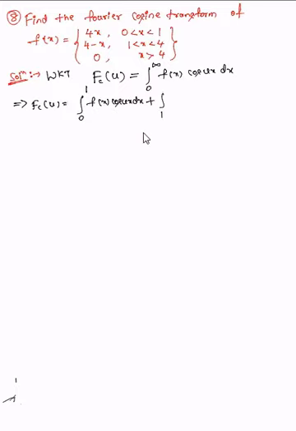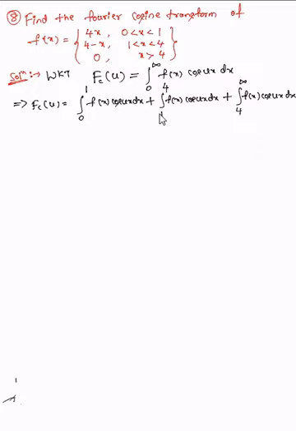Integral 1 to 4 f of x cos ux dx, plus next. So 4 to what? There is no upper bound here, infinity. 4 to infinity. So it is integral 4 to infinity f of x cos ux dx. The function was split like this.